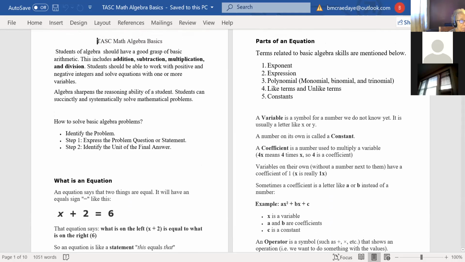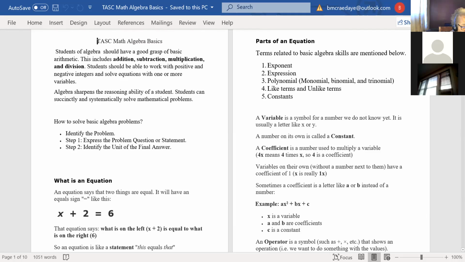Now, what is an exponent? Just give me an example of what an exponent is.